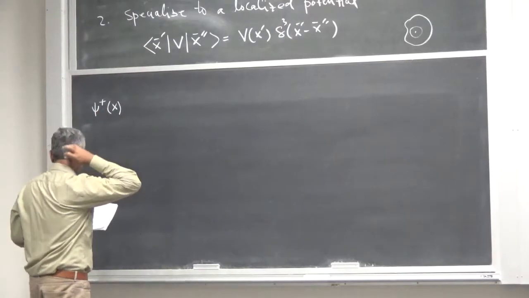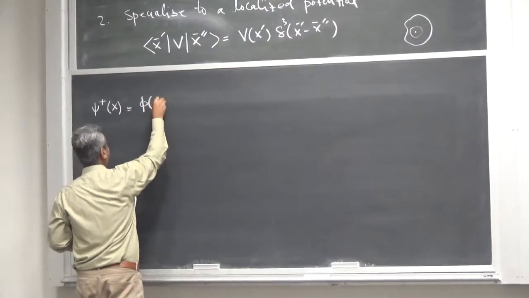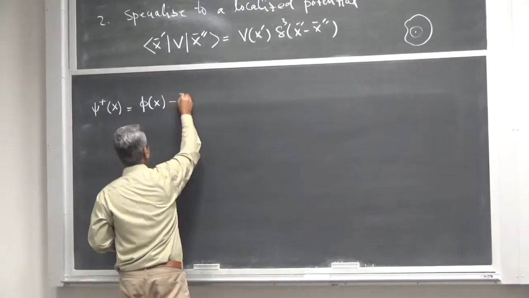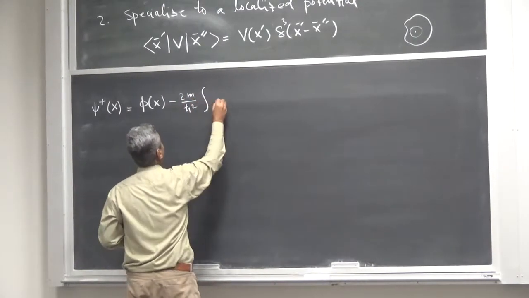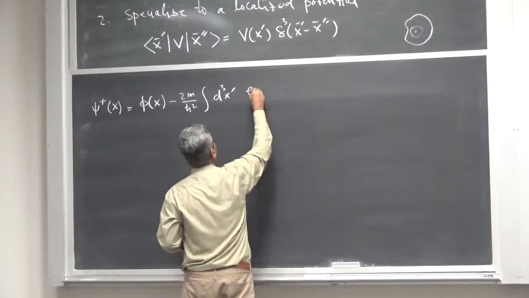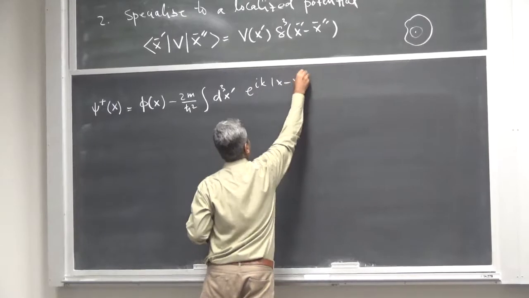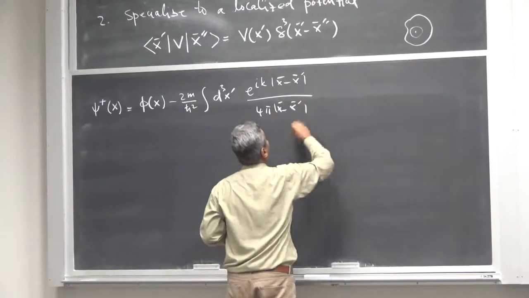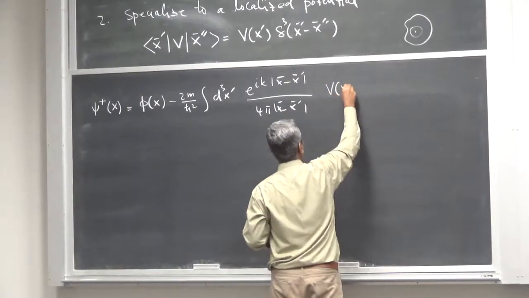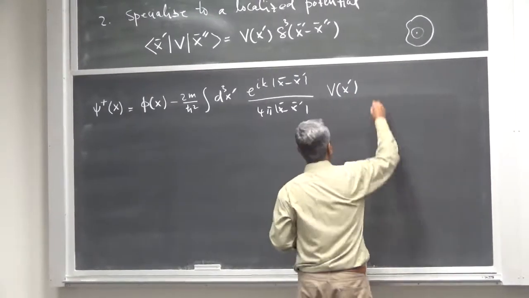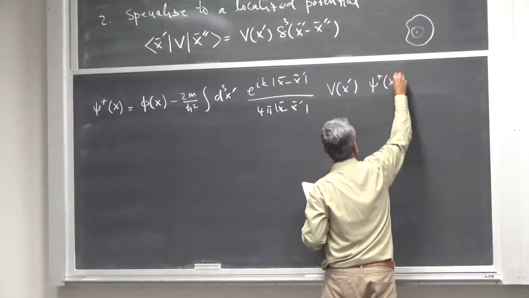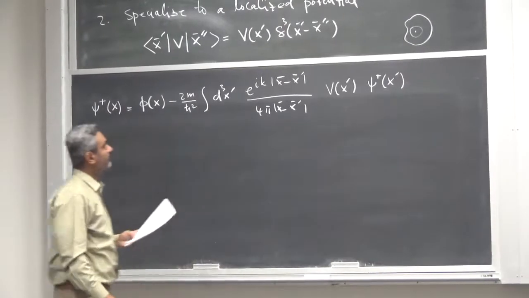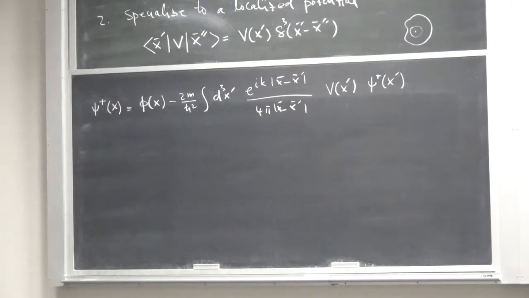If you want to just put psi of x is equal to phi of x, minus 2m over h cut squared, the integral d3 x prime e to the i k times x minus x prime over 4 pi x minus x prime, and then this can be written as V of x prime, and psi plus of x prime. Is this clear?